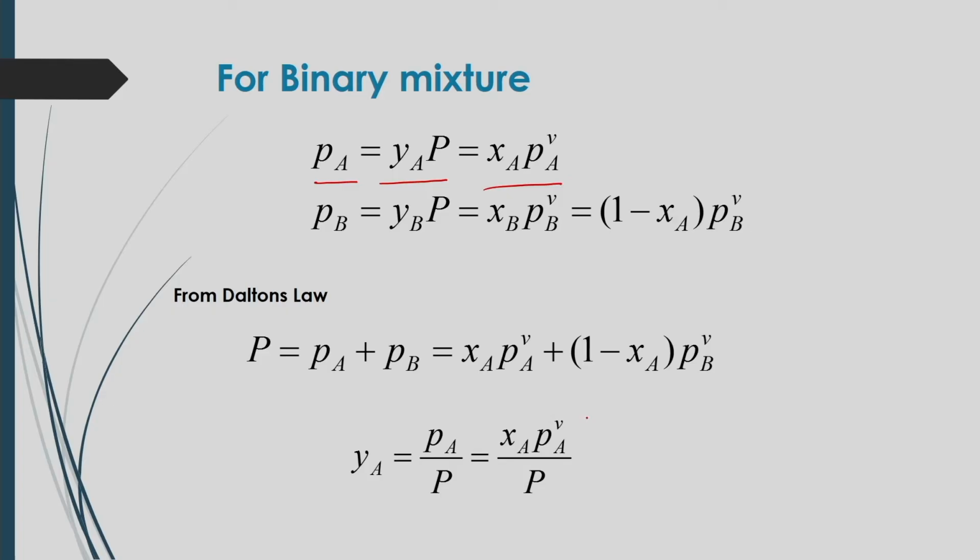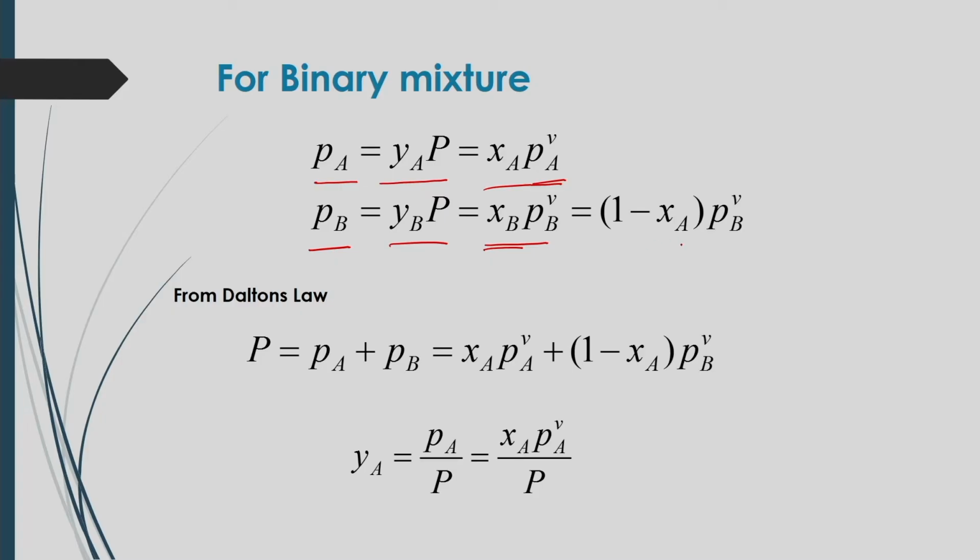Xa is the mole fraction of component A in the liquid, and PAV is the vapor pressure of the component. Similarly, for component B, the partial pressure will be equal to Yb into P, which equals Xb into PBV. That means the mole fraction of component B in the liquid times the vapor pressure of component B.